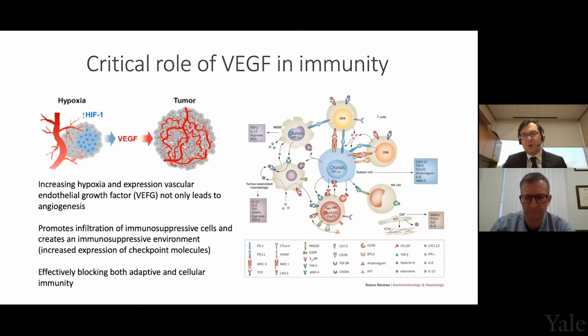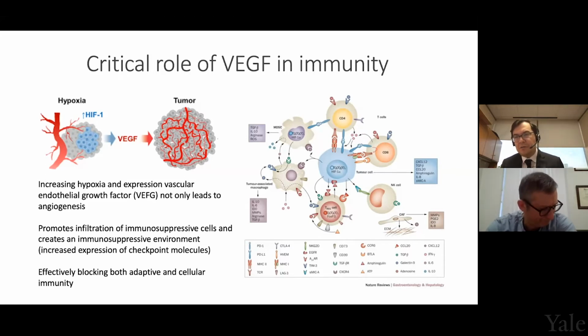As tumors grow and the center of the tumor outstrips the vasculature, there is an increased amount of hypoxia in the tumor and in tumor cells, leading to increased expression of HIF-1 alpha and then increased expression of VEGF.